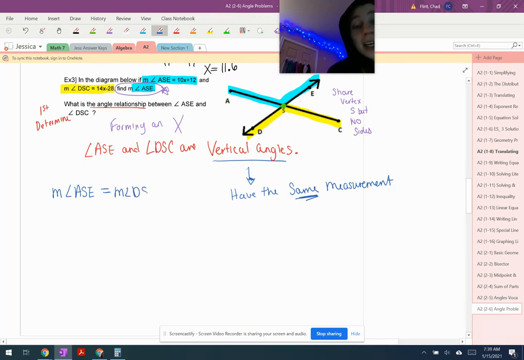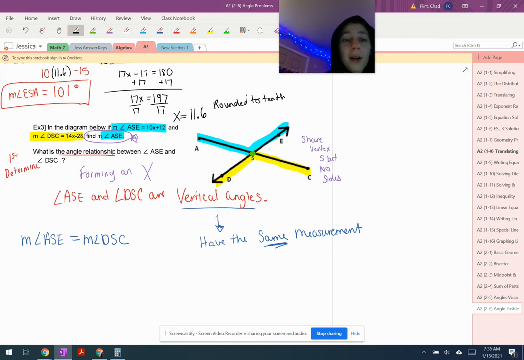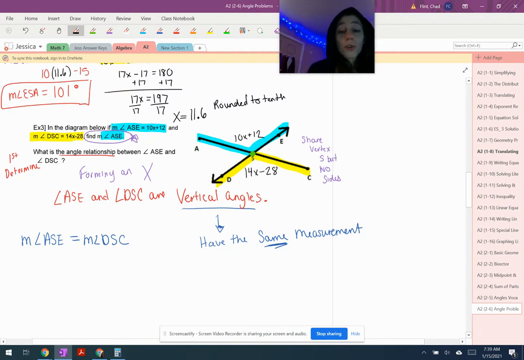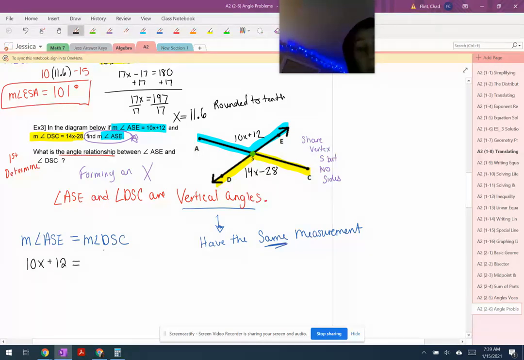So if they have the same measurement, that means the measure of angle ASE is equal to the measure of angle DSC. Well, I never labeled my diagram here. They told me my blue angle was 10x plus 12, and my yellow was 14x minus 28. So I know those two angles are equal to each other, and I can take the expression for ASE and set it equal to the expression for DSC.